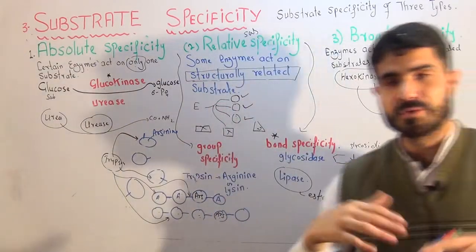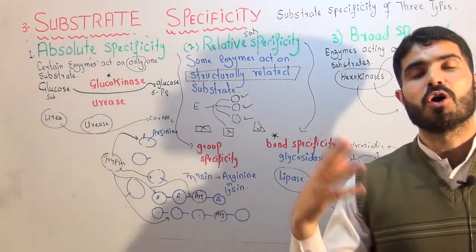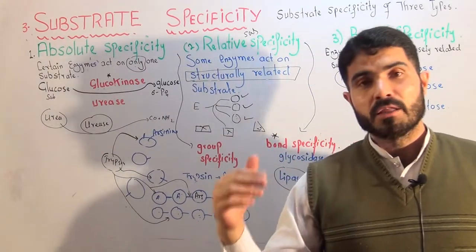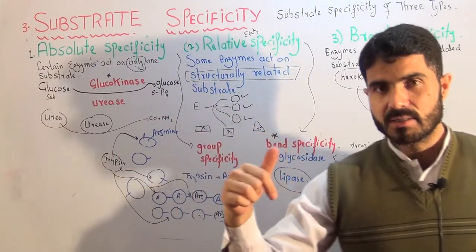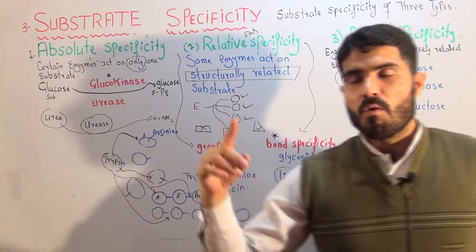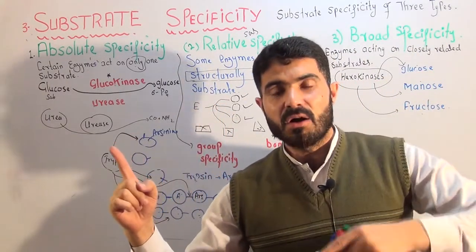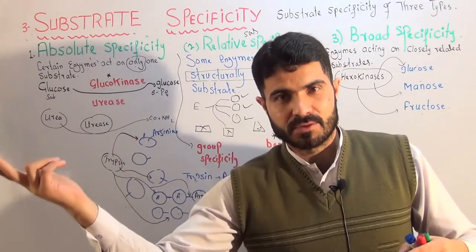I would like to give you a summary that enzyme specificity is of three types. The first one is called stereospecificity. The second one is called reaction specificity. In stereospecificity, one enzyme acts on one stereoisomer but does not act on another stereoisomer.